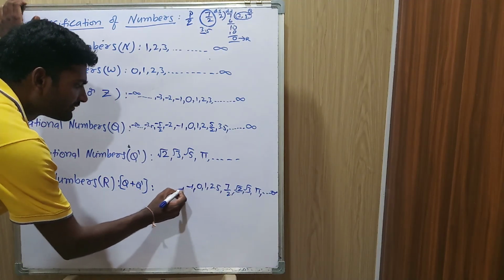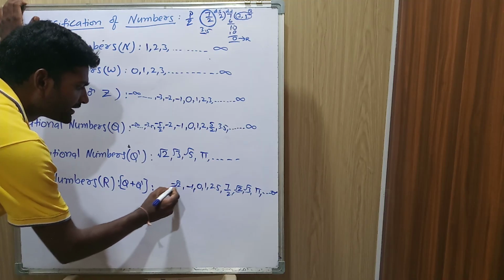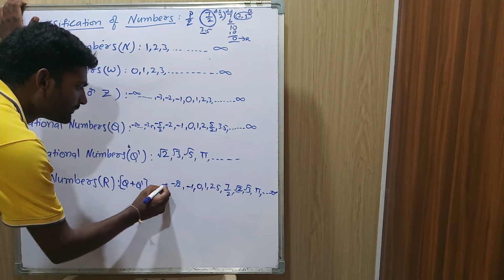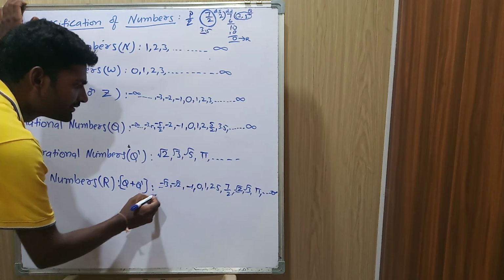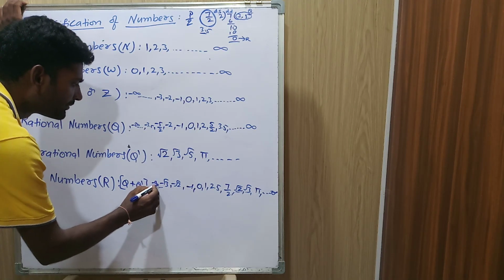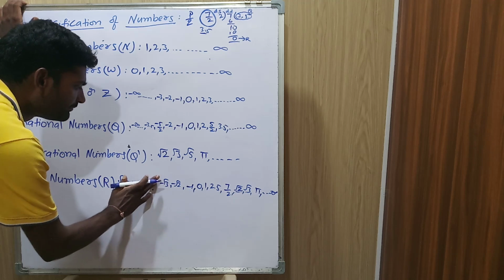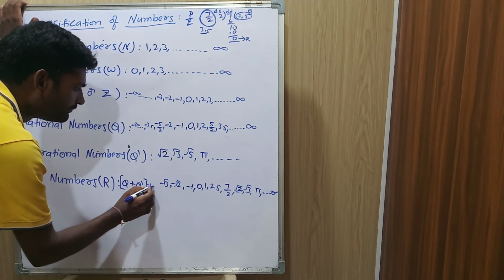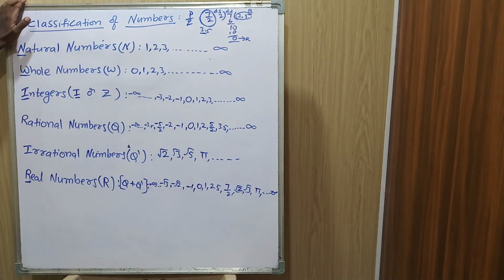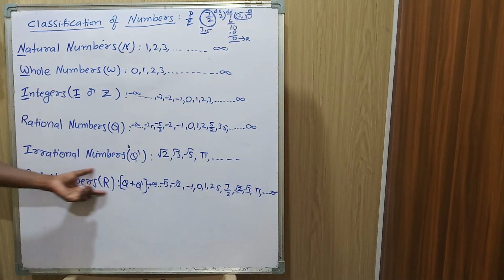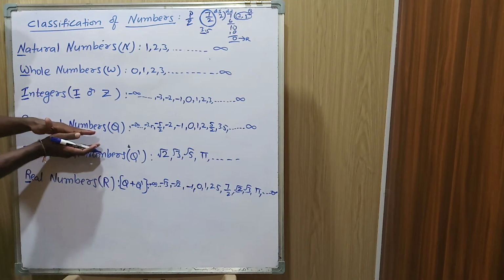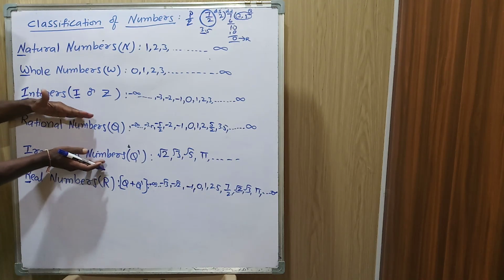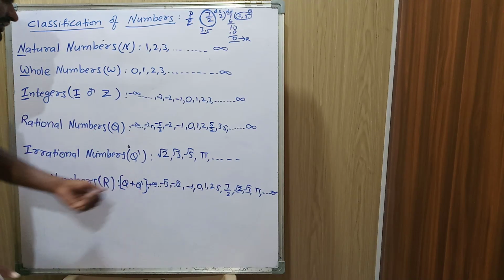Next here, minus 1, minus root 2, minus root 3, and so on, up to minus infinity. So real numbers are nothing but the combination of rational numbers and irrational numbers. Both the numbers combined together form real numbers.